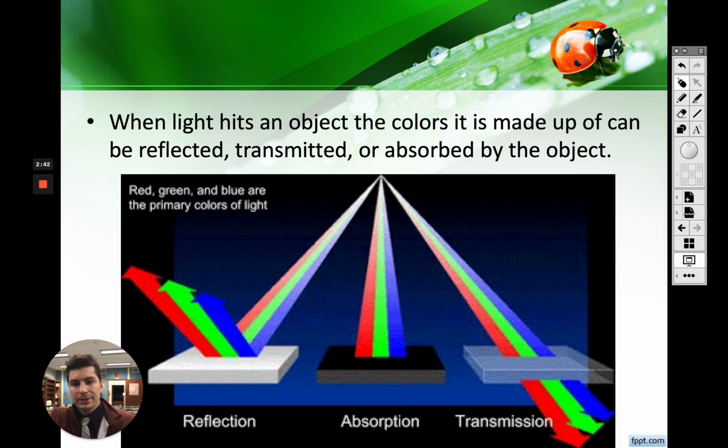What happens here is as the white light from my lights above me hits my red colored fleece here, every single color is going to get absorbed by this fleece, and it's going to go into the fabric, except for red. Red actually is getting reflected off of my fleece, and it's hitting you in the eyes right now, okay?